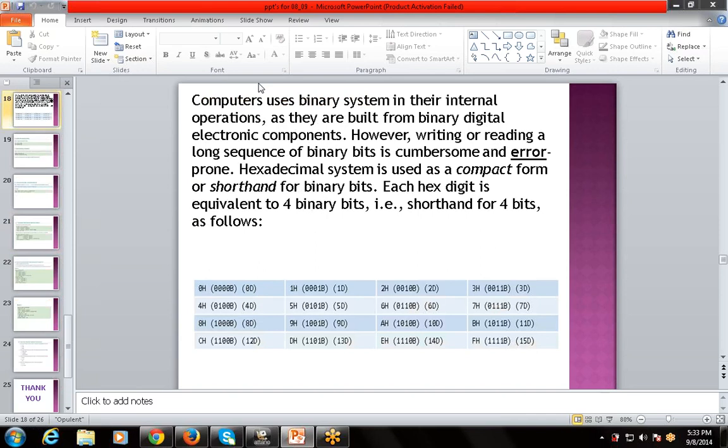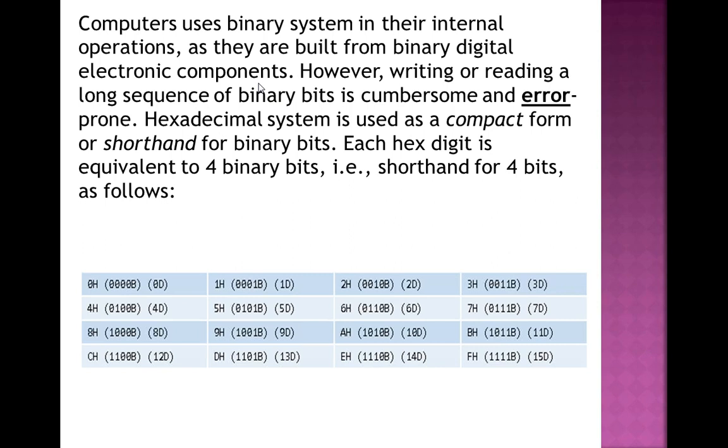Next point says computers use binary numbers in their internal operations as they are built from binary digital electronic circuits. So this line says computers generally use binary numbers. Why?